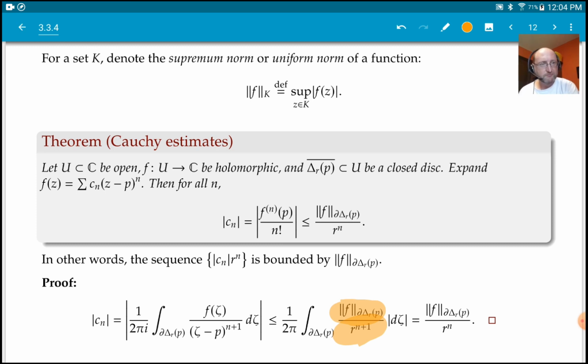We really just get the length of the circle, which is 2 pi r. And so the 2 pi cancels this 2 pi, and the r cancels one of these r's. There was an r to the n plus 1, and what's left is r to the n. We're done. That's it. This is less than or equal to this, and we're done.